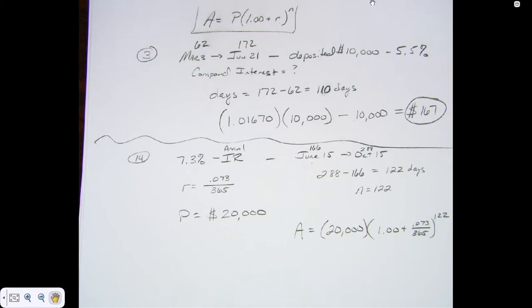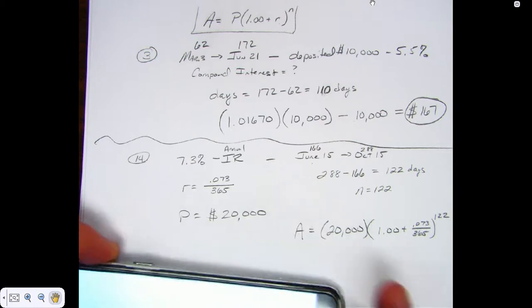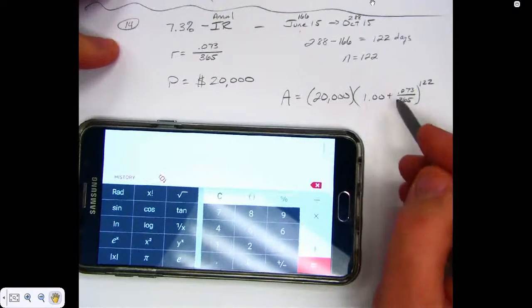Let's go ahead and I'm going to get out the calculator here. First thing I'm going to do is this part right in here. I'm going to figure out the parentheses.